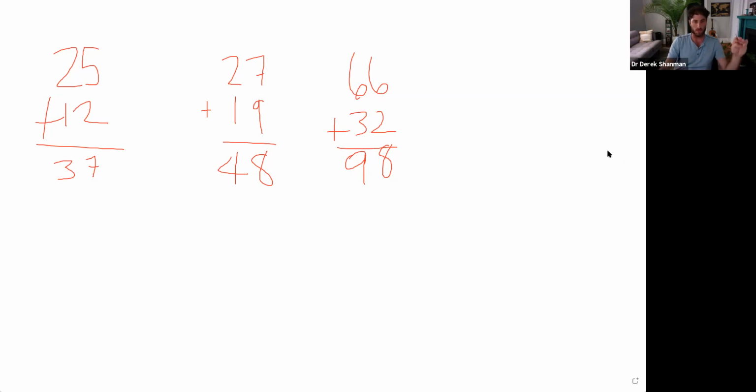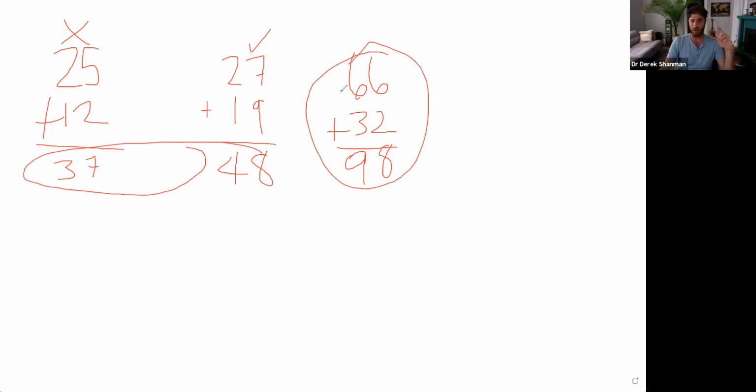I think, Allison, what you've outlined here is no regrouping in the ones. We can't regroup in the tens, right? Because we're within 100. We have lower numbers. We have higher numbers. There's one other type of question that I would probably want to see here.